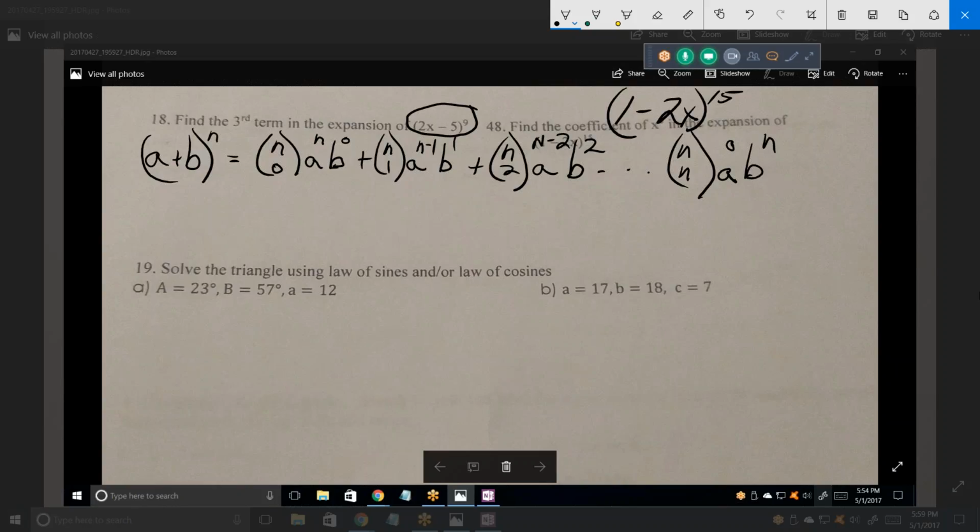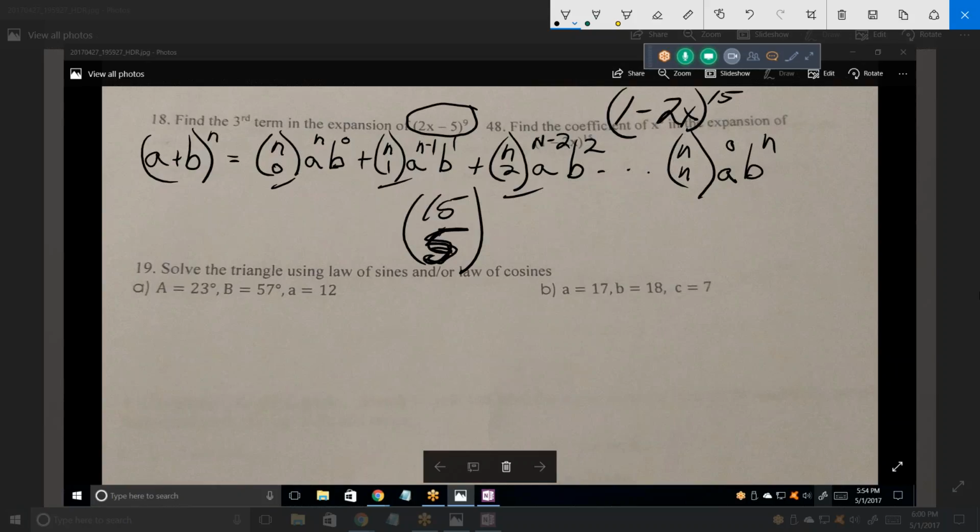Without me writing it entirely out, what's the end part going to be? 15 choose 6. Now that would actually give me the 7th term. Notice that that's the first coefficient, the second. So if I want the 6th, I want n choose 5, first of all.